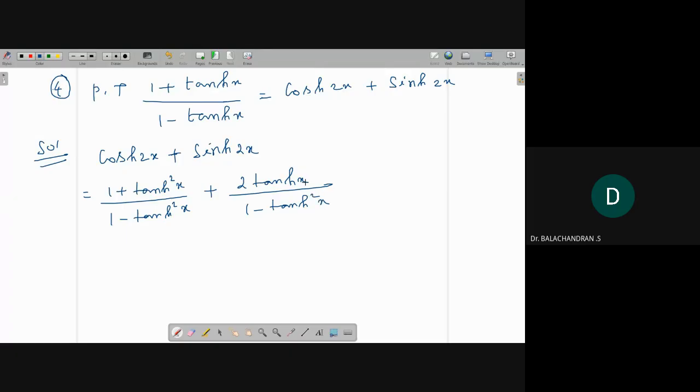Suppose you don't know it, already I gave the formula sin 2x equal to 2 tan x divided by 1 plus tan square x. Here you should substitute x equal to i theta, and you can get this one.